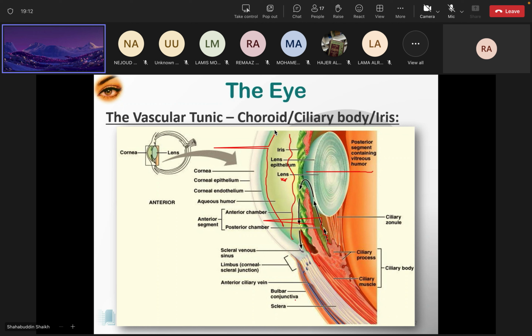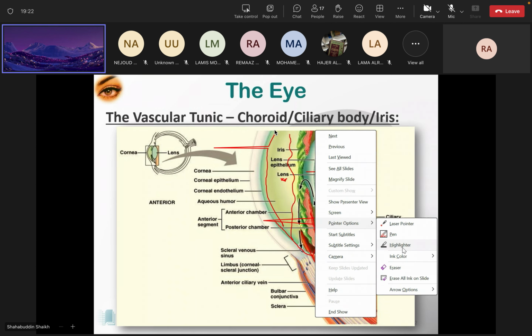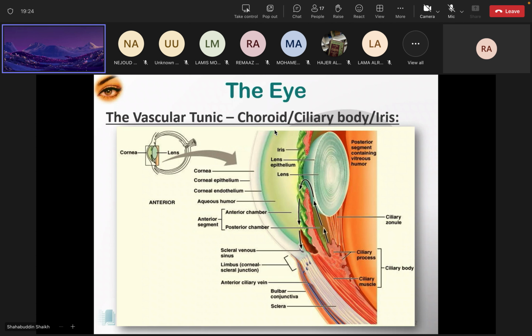Or more commonly, in some people, the eye is a bit long. So the angle which is here like this angle. Are you able to see the angle? The angle made by the iris and the cornea. This angle, if you see, is decreased.